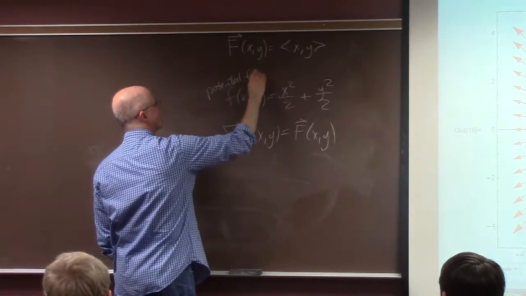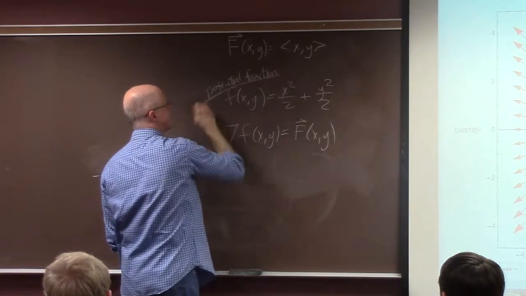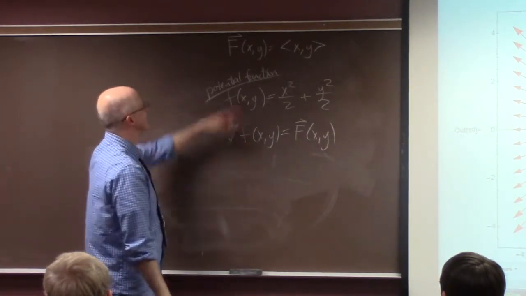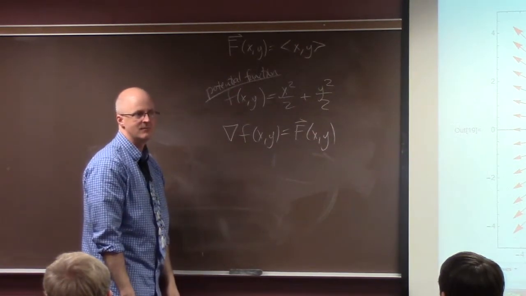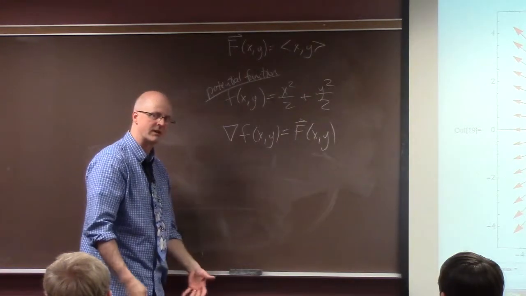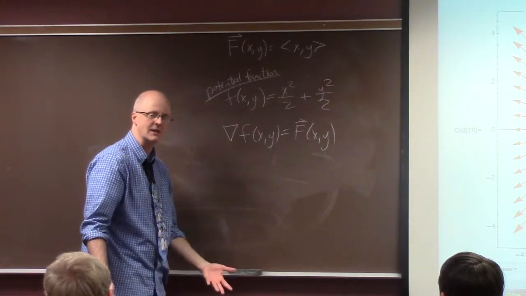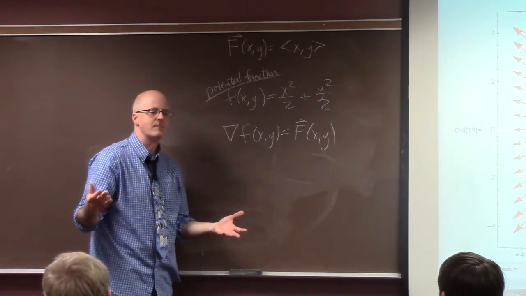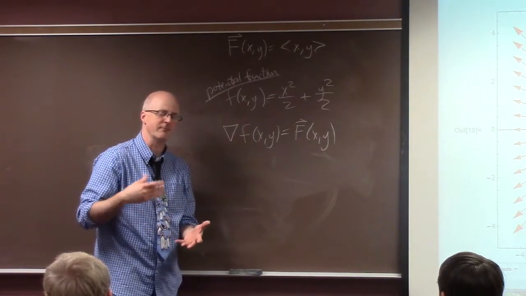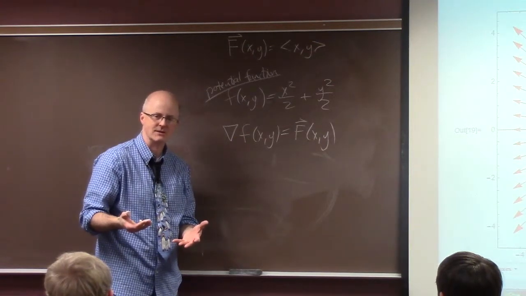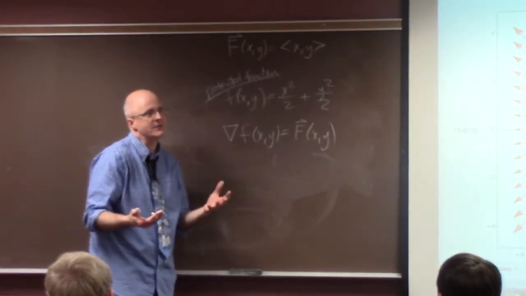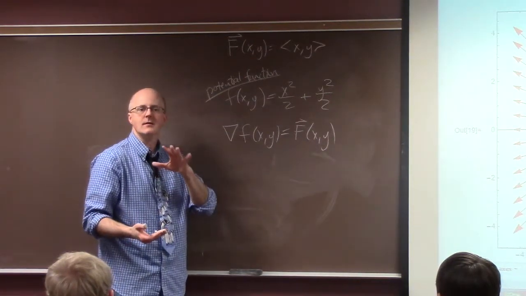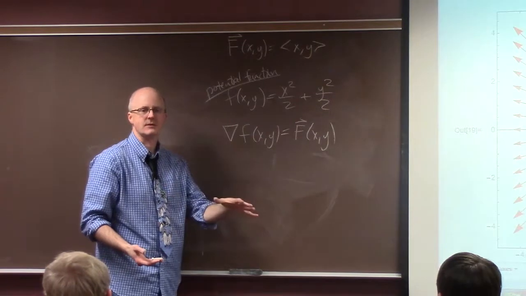Potential function, because it is typically related to potential energy, and conservative vector field because it is conservative in the physics sense of conserving energy. Now, actually, energy is conserved in all systems, but with a conservative vector field, you say that mechanical energy is conserved as well. That mechanical energy comes from motion, both kinetic energy plus potential energy.